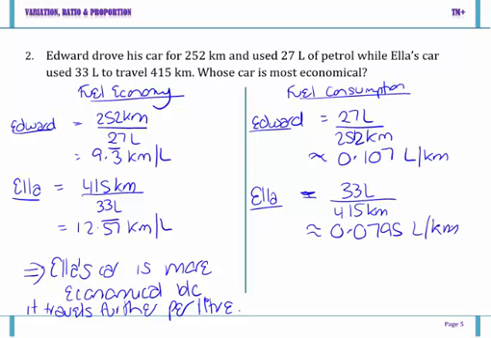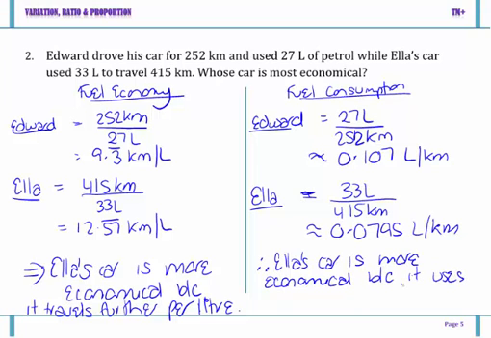Again, what you're saying is that Ella's using less petrol per kilometre. Okay, so therefore Ella's car is more economical because it uses less petrol per kilometre.